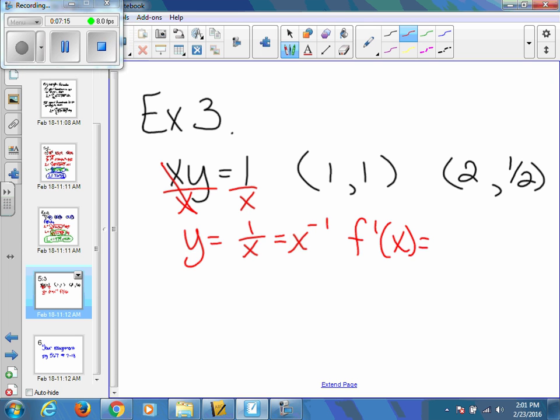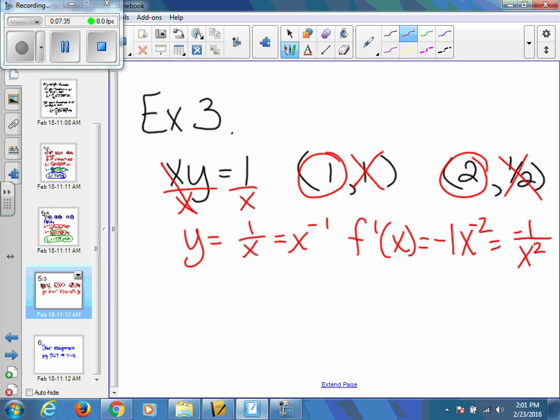Then I take the derivative of that, that's f prime of x. If I differentiate that, we get negative 1 times x to the negative 2, which I can rewrite as negative 1 over x squared. And because I'm dealing in terms of x's, those are the values I care about.